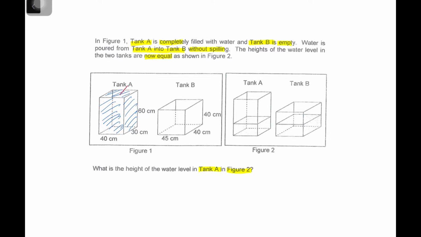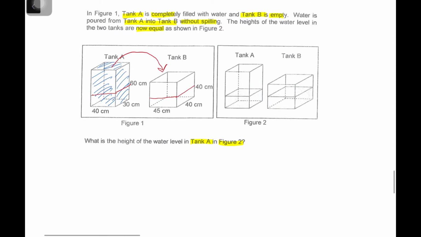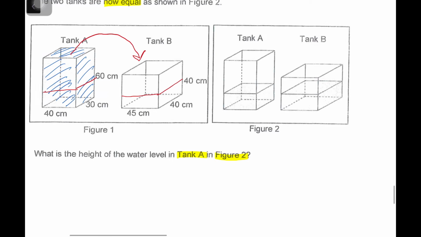So it means some water is poured from A to B such that the heights of the water level in the two tanks are now the same. So now they are the same heights of water level. So this is a typical before and after question. So let's get on to it now.